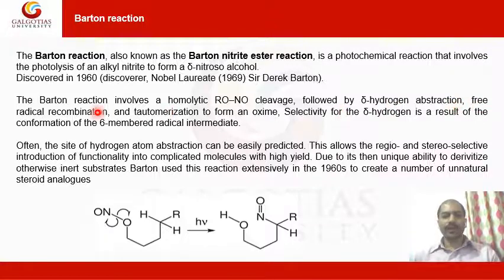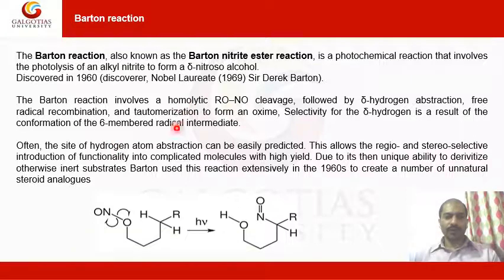The free radical recombination and tautomerization form an oxime. Selectivity for the delta hydrogen is a result of the conformation of the six-membered radical intermediate. So this proceeds through a six-membered ring, because the formation of the six-membered ring takes place and it goes through intermediate steps.